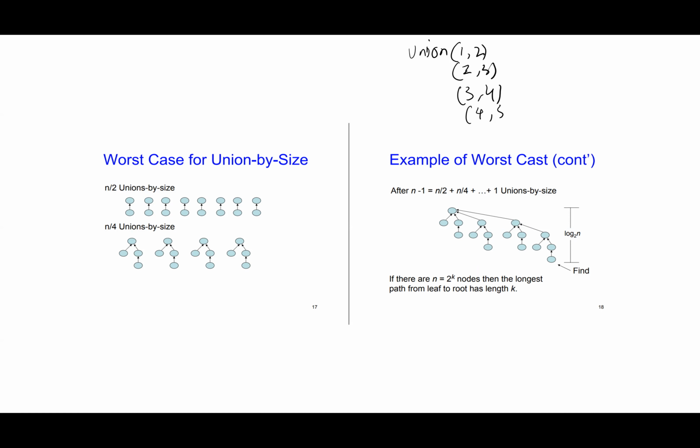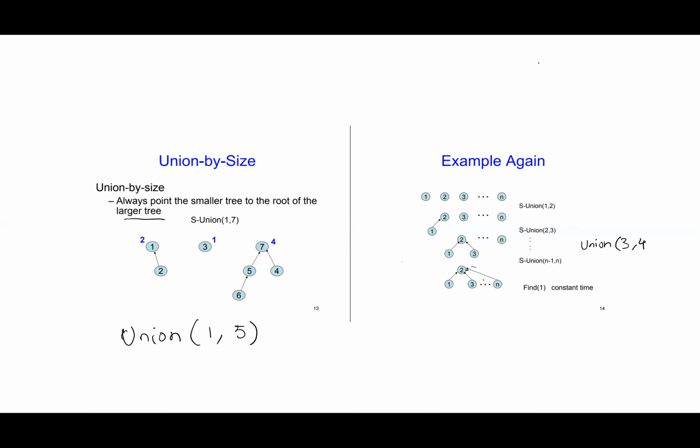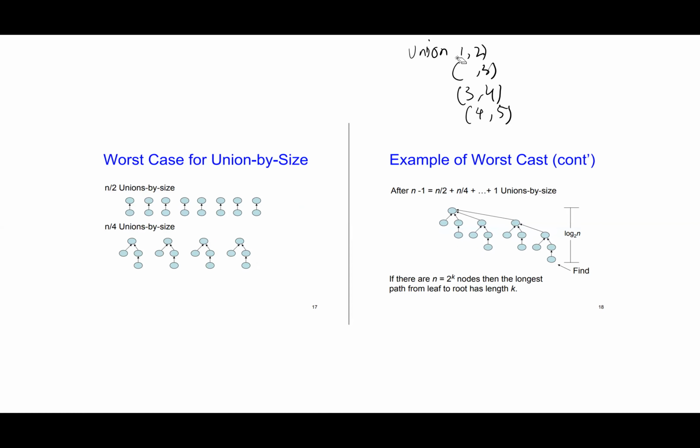Instead of sequentially getting the union like we did here, the unions are going to be like this: union of 1, 2, then union of 3, 4, union of 5, 6, union of 7, 8.